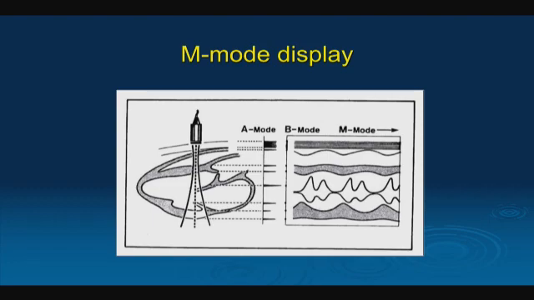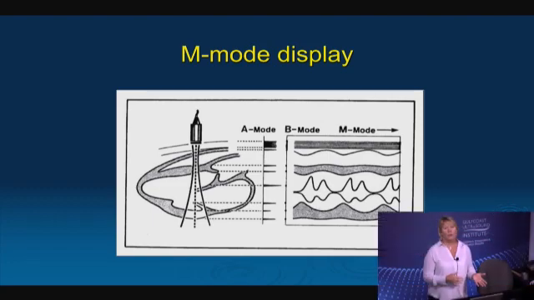So you might be thinking, why would we even use it? It gives us some extra information that we might not be able to see with 2 dimensions, particularly when we're looking at the heart. M mode was designed particularly for the heart. We do use it for other things as well now, but it was primarily developed to look at the heart. The reason is that M mode has a very fast frame rate, the rate at which we update our image.